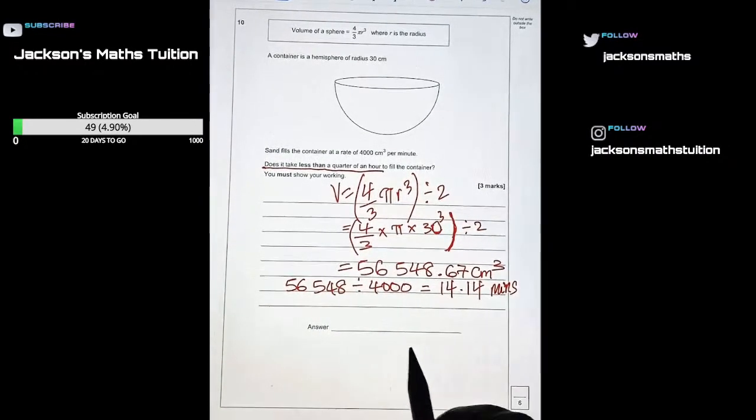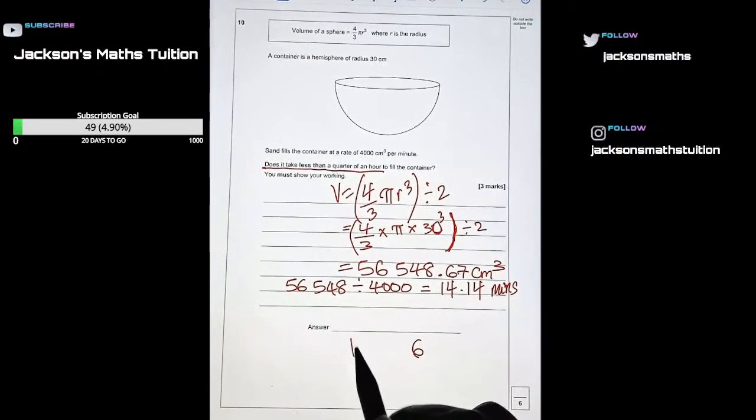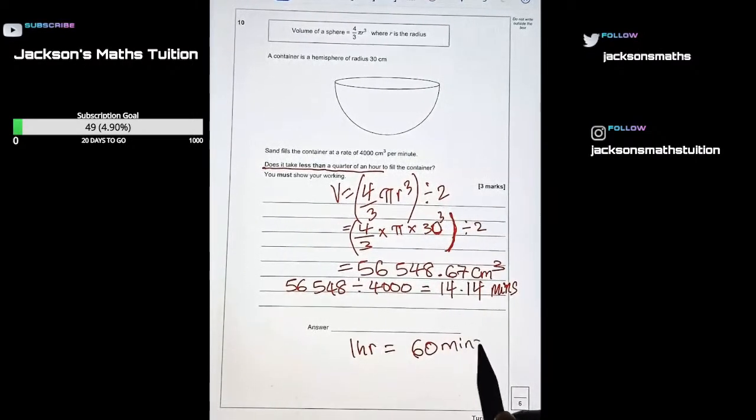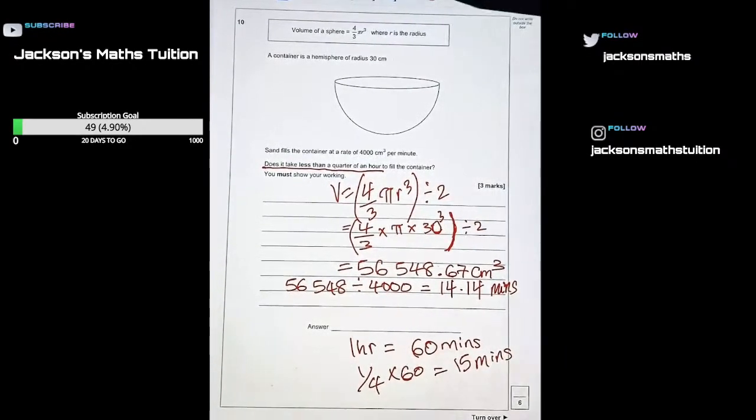Now the question asks you, does it take less than a quarter of an hour? We know 1 hour is 60 minutes. And if I do a quarter of 60 minutes, that's the same thing as 15 minutes. Now comparing these two, the 15 minutes and the 14.14, we can see that 14.14 is less than 15 minutes.